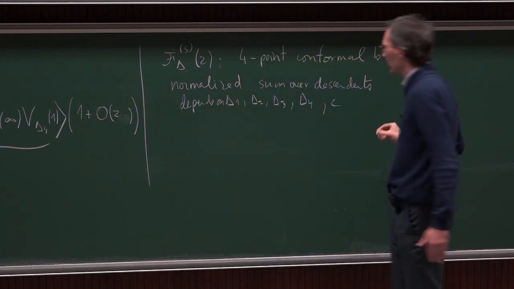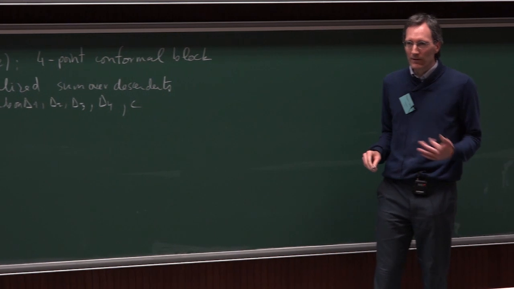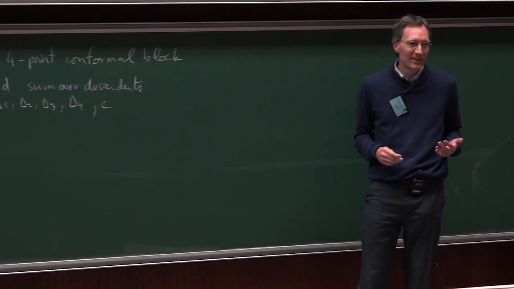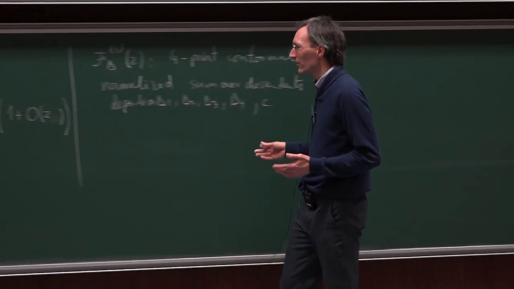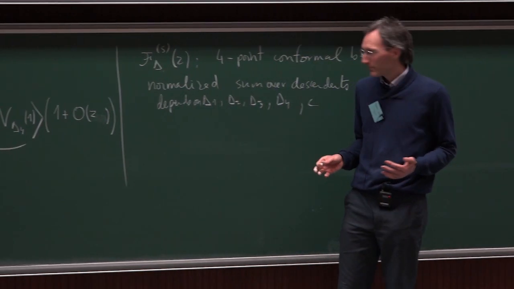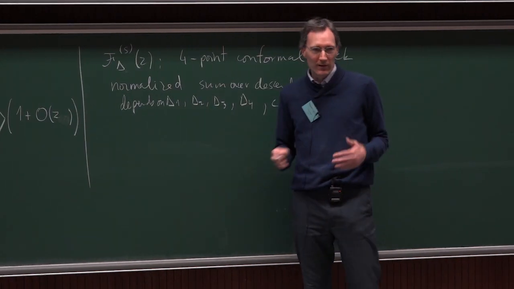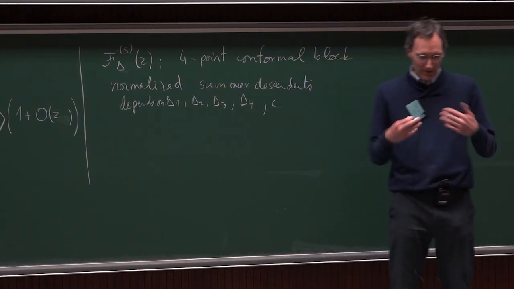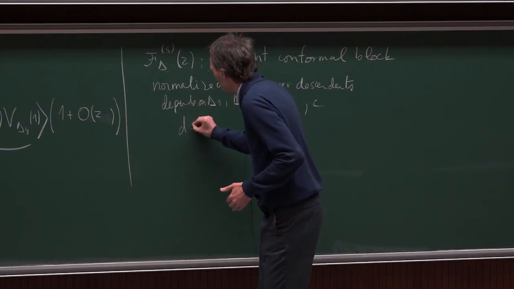It also depends on the central charge. So it's a pretty complicated function, but in principle, you know it. From Ward identities, you should be able to compute it, although the computations are complicated. It's a universal function, just like the character of a representation. It's entirely determined by symmetry.